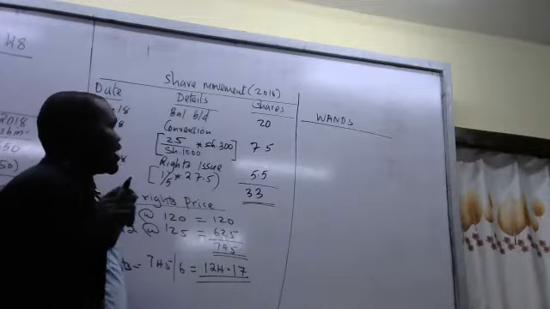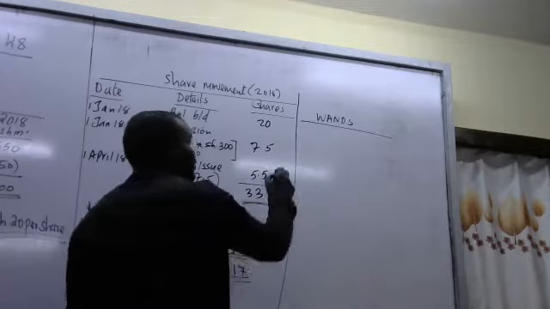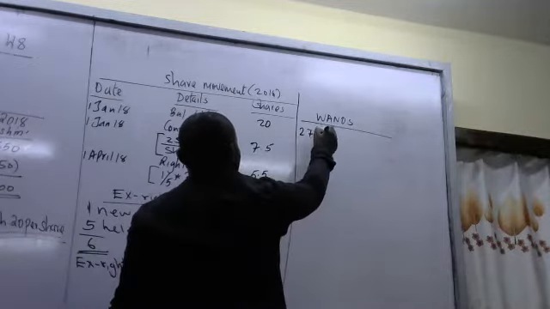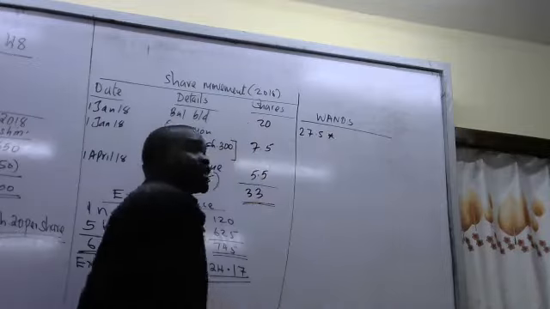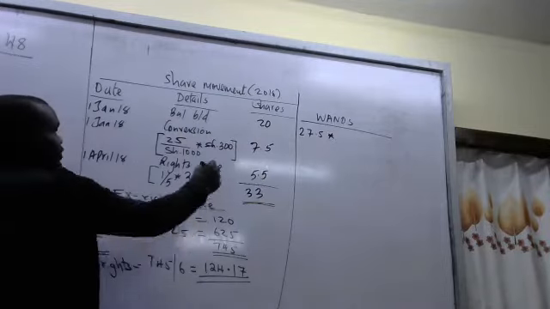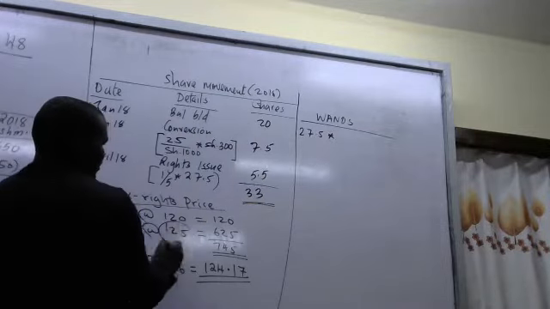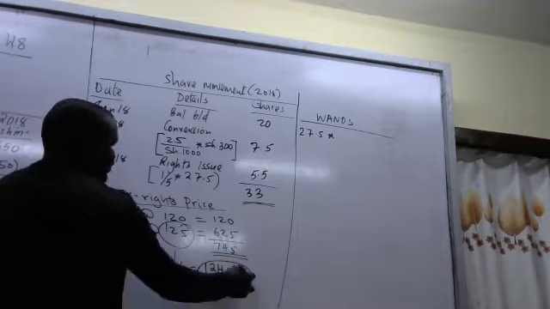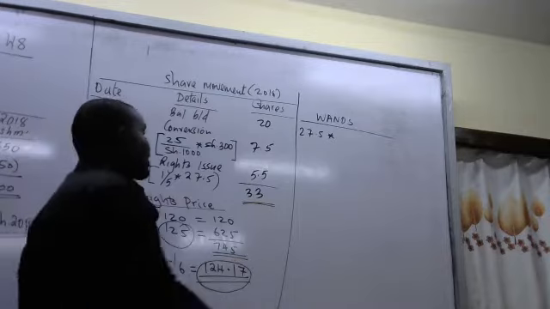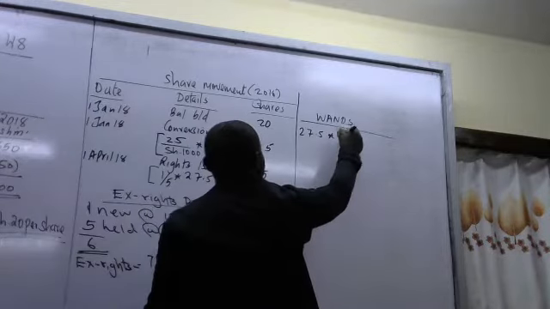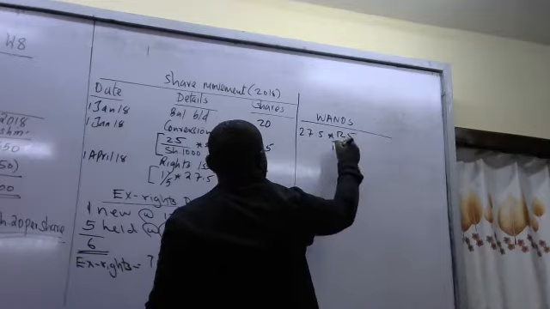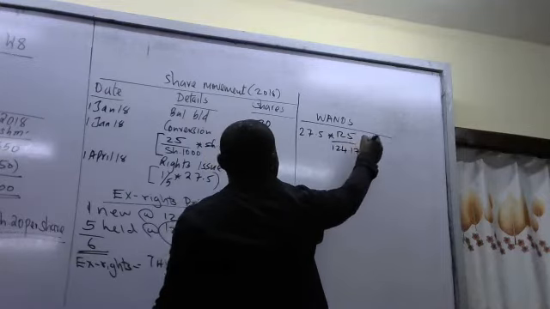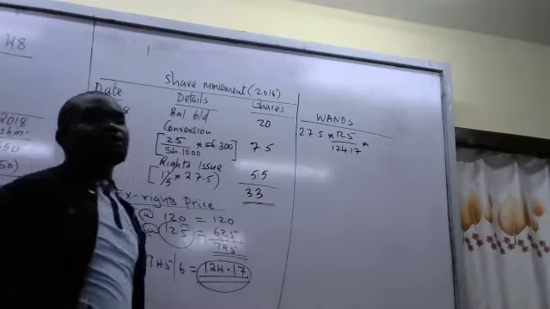Before the rights issue, we had how many shares? 27.5 times which price over which price? 125 over 124.17. So 125 divided by 124.17 times that period before the rights issue.